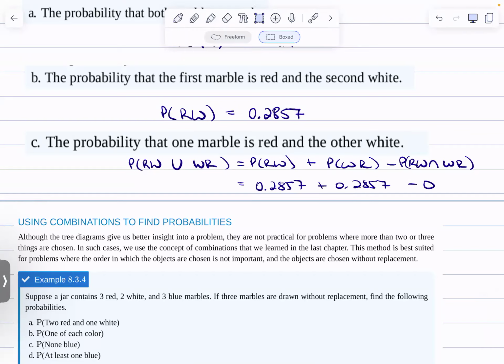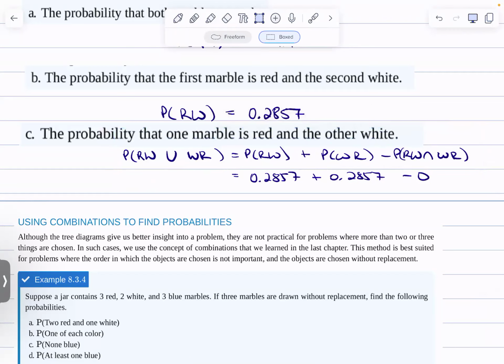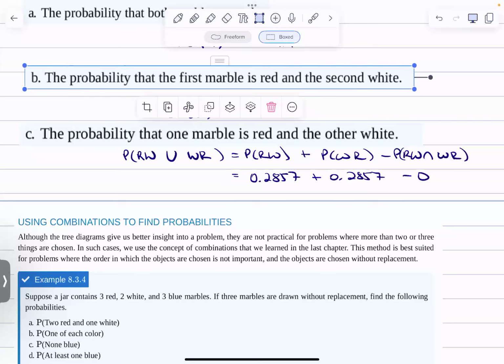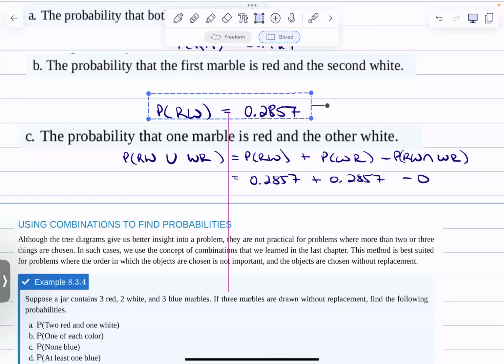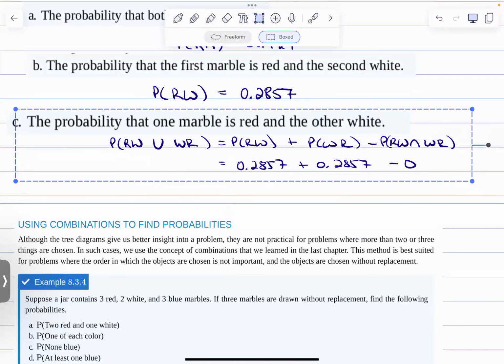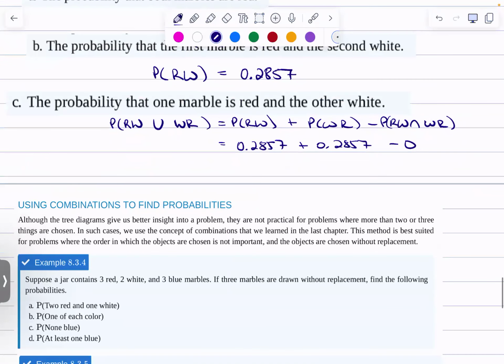And I'll sneak the answer on the same page here. 0.2857 plus 0.2857 is 0.5714. Nice.